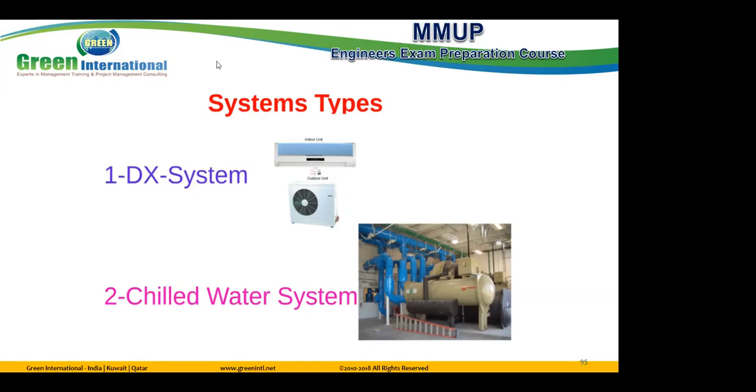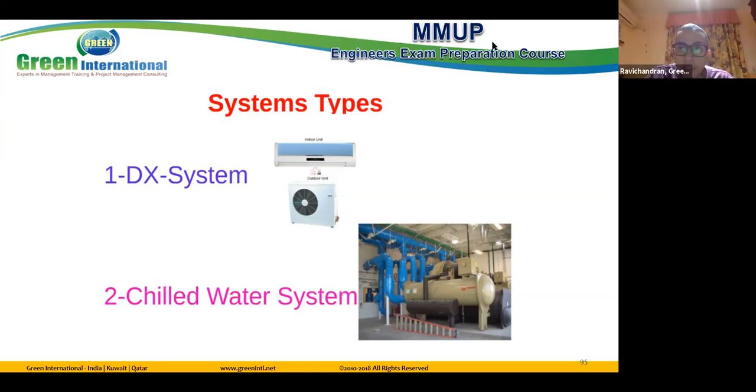So how can we decide whether it is a DX system or a chilled water system? Just check the system. If in the cycle the air is in direct contact with the refrigerant, this is a DX system, direct expansion. But if the air is not in direct contact with the refrigerant and contacts an intermediate medium, normally water, this is a chilled water system.